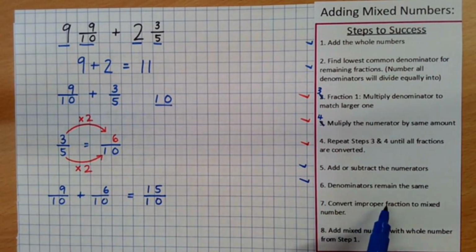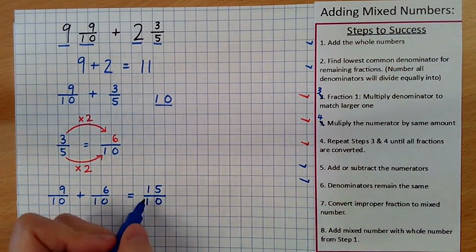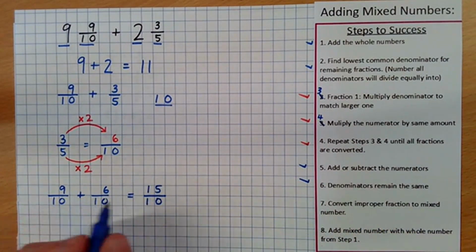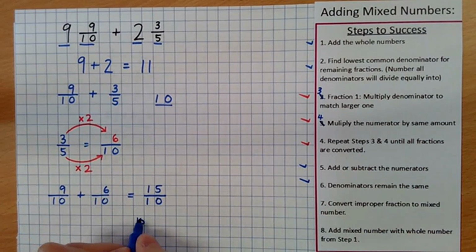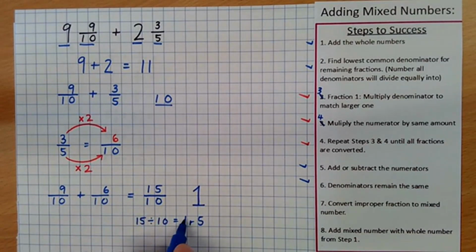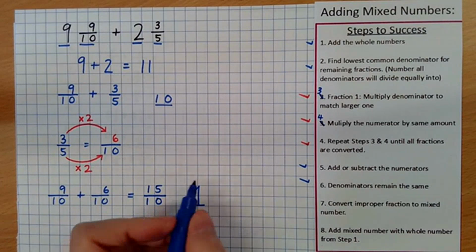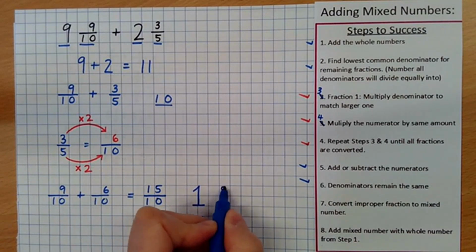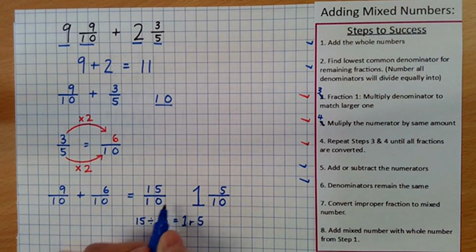Now I'm going to convert the improper fraction to a mixed number. Is this an improper fraction? Yes. So I divide 15 by 10, which equals 1, remainder 5. Good. So I put my whole number as 1, and the remainder becomes the numerator, and I still keep the same denominator.